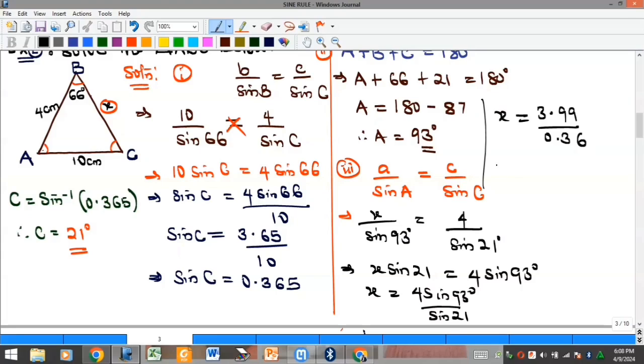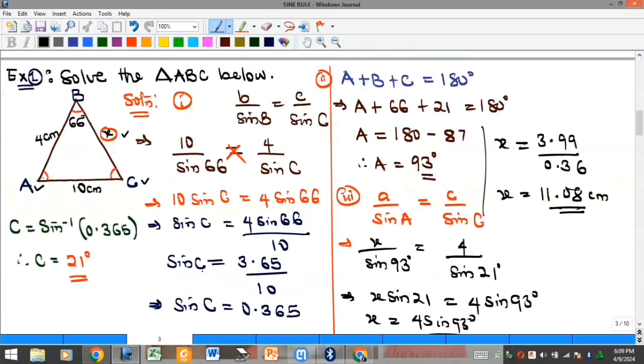And then if you divide this, 3.99 all over 0.36, that's giving us 11.08, which we can call 11 cm approximately if we want. So here now we have gotten the value of x, we have gotten the value of angle C and angle A, and that has given us all the sides and all the angles of the triangle that is given. So we have solved the triangle completely.